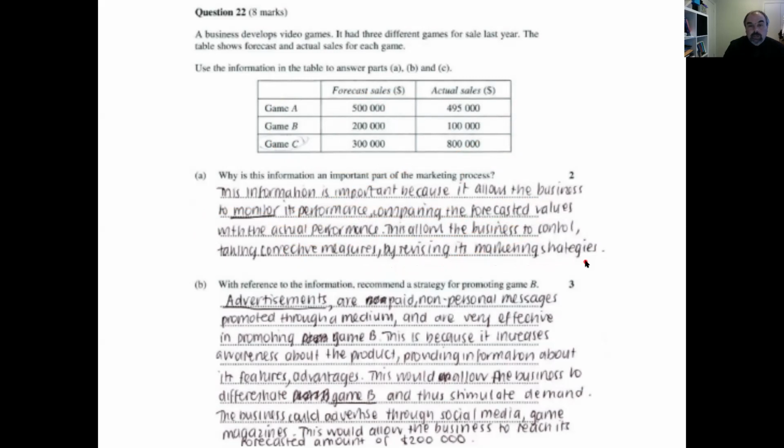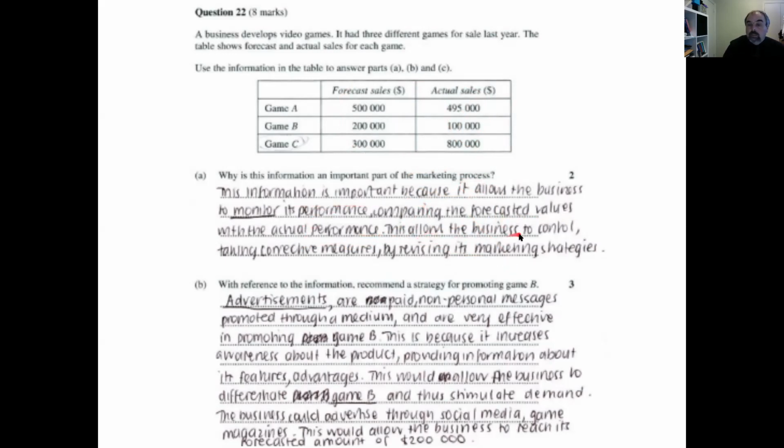Pretty good answer, very good answer in fact, because it picks up on this table here being about comparing planned results or forecasted results with actual performance. That is mentioned in the syllabus under the marketing plan or marketing processes. And all they've done is say why.